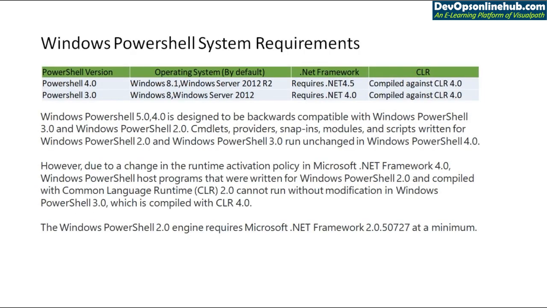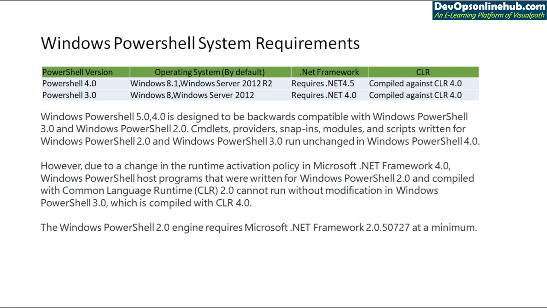So let's see what the Windows PowerShell requirements are. Currently we are using Windows PowerShell 5.0. Previously we had PowerShell 4.0 and PowerShell 3.0. PowerShell 4.0 comes with the client operating system 8.1 by default and Windows Server 2012 R2 by default.